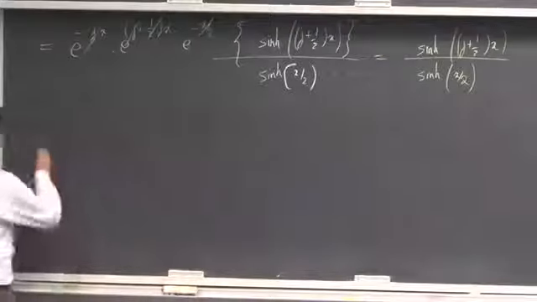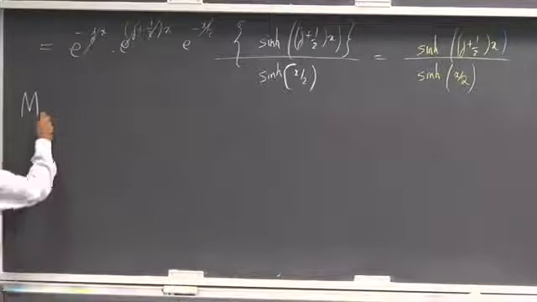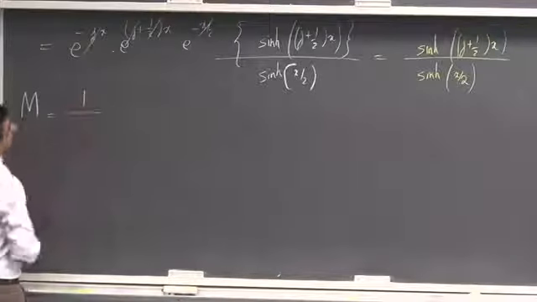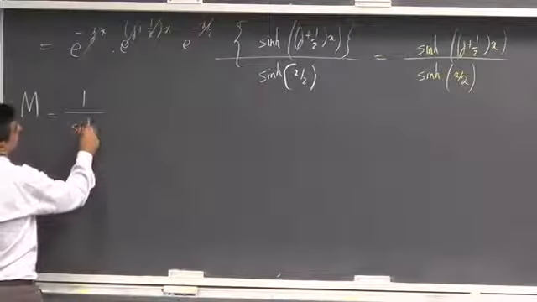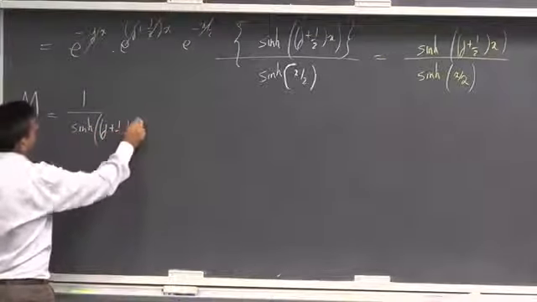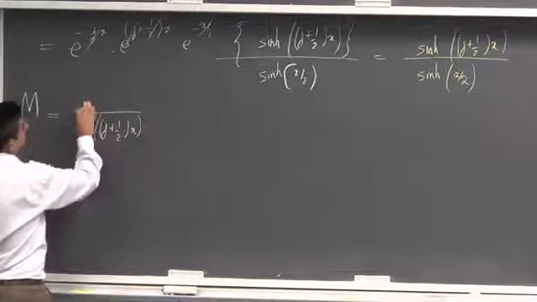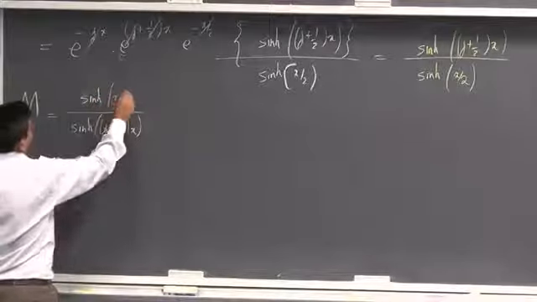Now I need to calculate the magnetization. The magnetization is given by 1 over the partition function, that is, sinh of x over 2 in the numerator and sinh of (J plus half) x in the denominator.